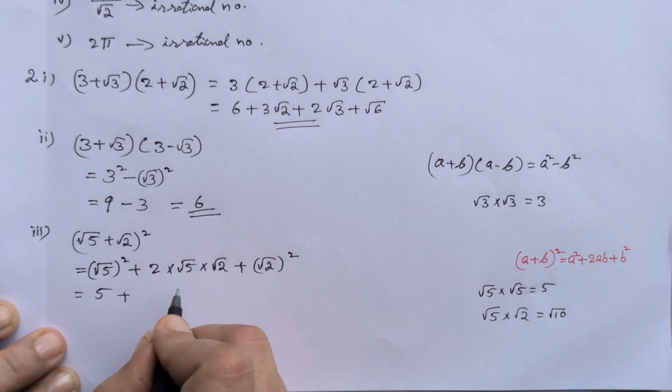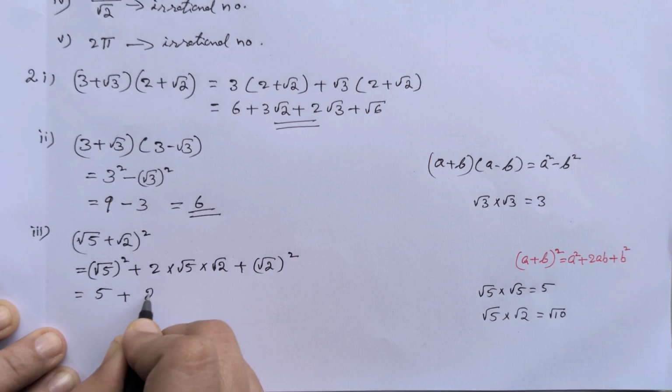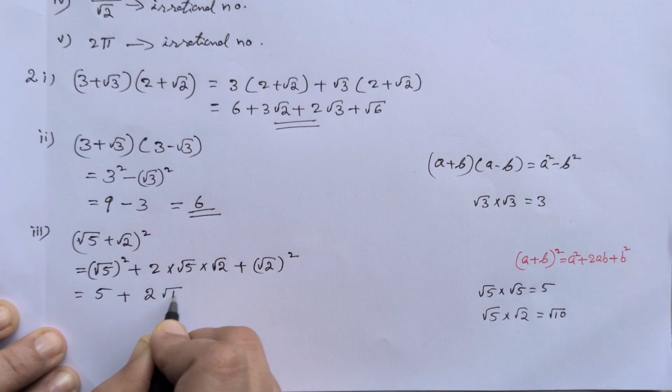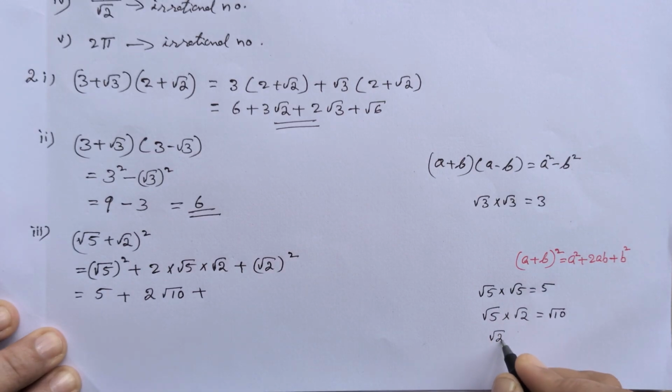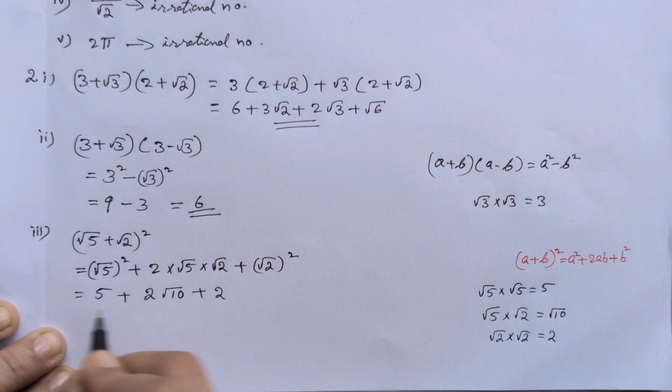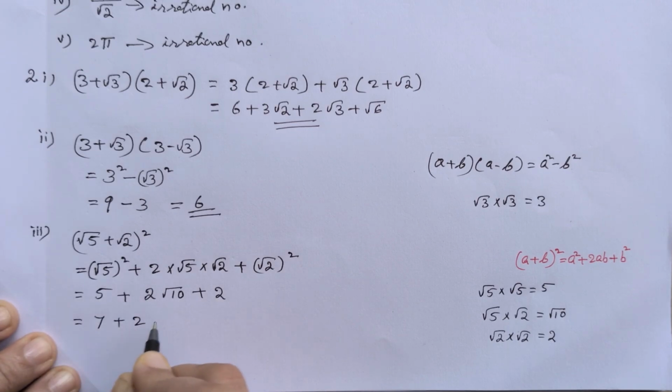So it will become 2 root 10 plus root 2 square, again root 2 into root 2 will become 2. So we can add 5 and 2. 7 plus 2 root 10. That's the answer.